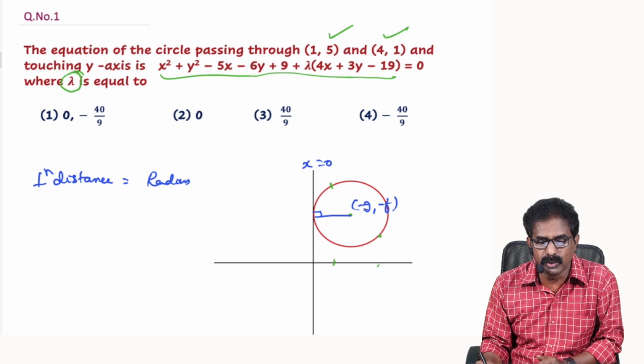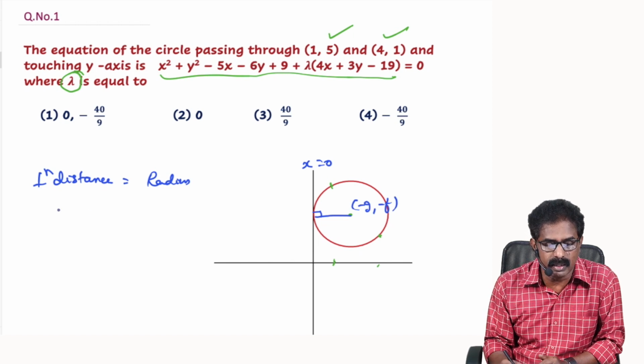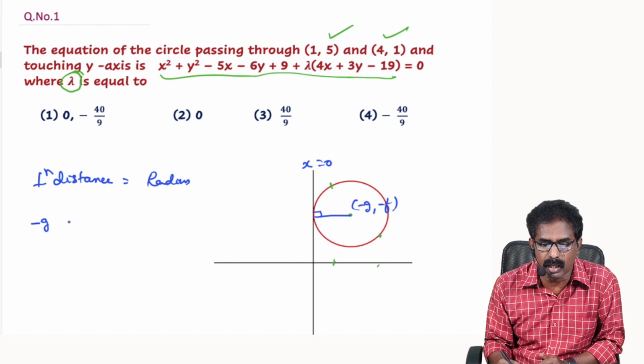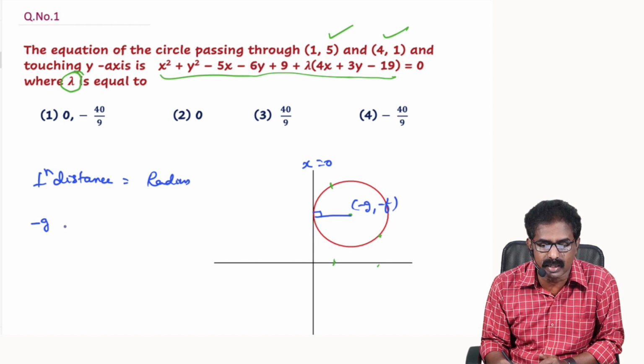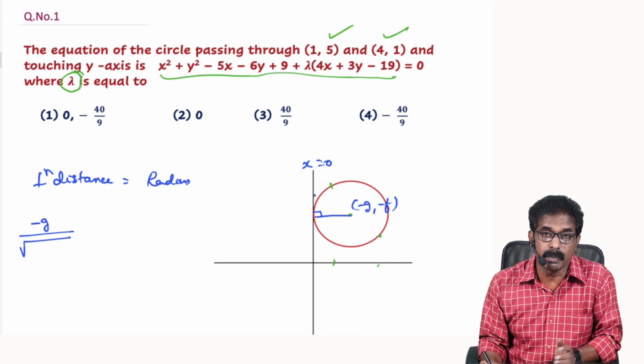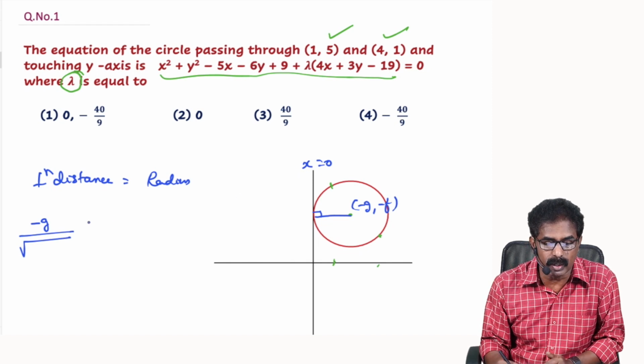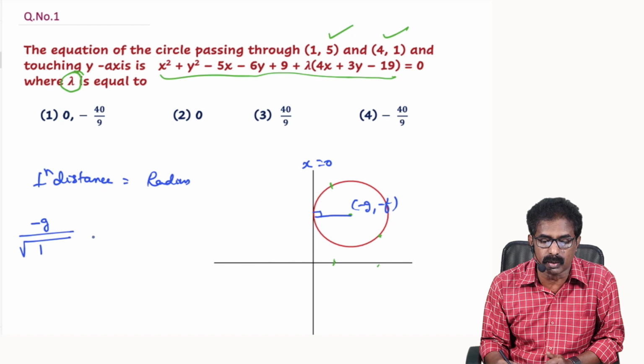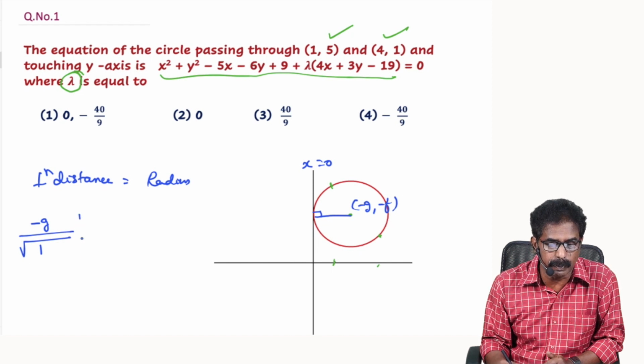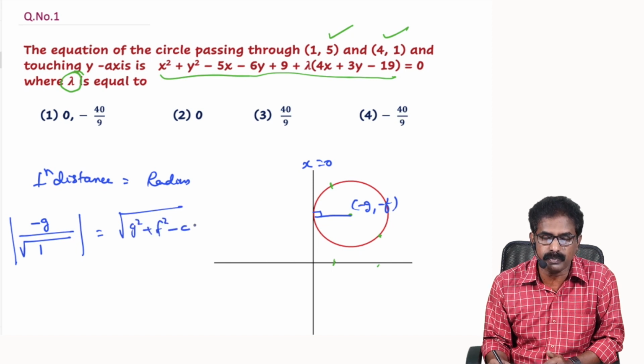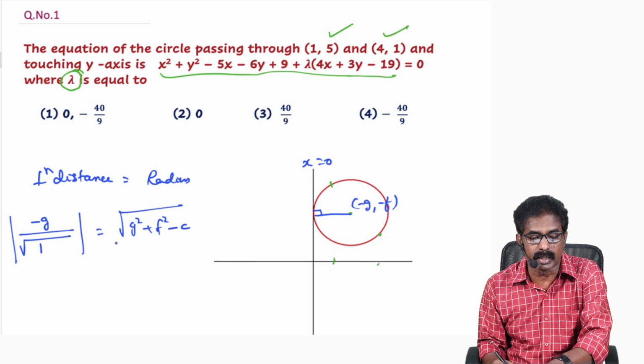So you substitute: for x you put -g, for y you put -f, and the constant, nothing is there. So -g by the root of a square plus b square, right? a is the x coefficient, 1 square. 1 plus b square is 1 only. This is equal to the radius. For the perpendicular distance you can take the modulus. The radius is the root of g square plus f square minus c. To avoid the root, you can square it.